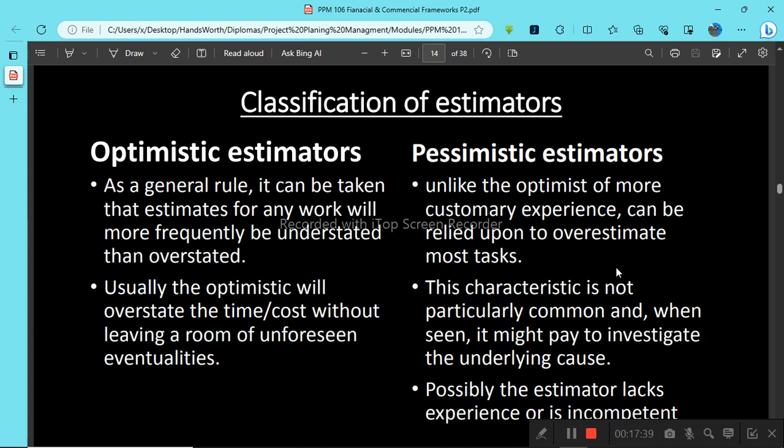All right, then we have the other classification of estimation, which is known as the pessimistic estimator or estimation. Unlike the optimist, who says, okay, this amount of prices seems to be low, let's try to hike them higher, the pessimist feels like the prices are too high, so let's try to lower them.